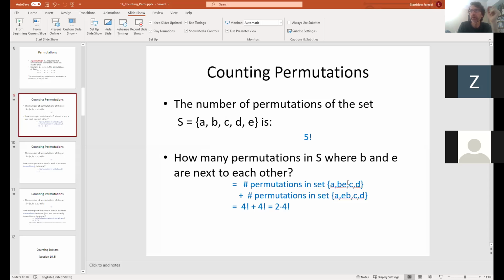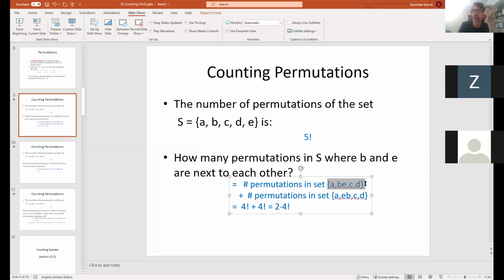Think of B and E as conjoined, so it becomes a single character. So now you're doing permutations over a set that has 4 elements: A, this BE conjoined, C and D. But you also need to remember this other possibility: you can conjoin them in the other direction.